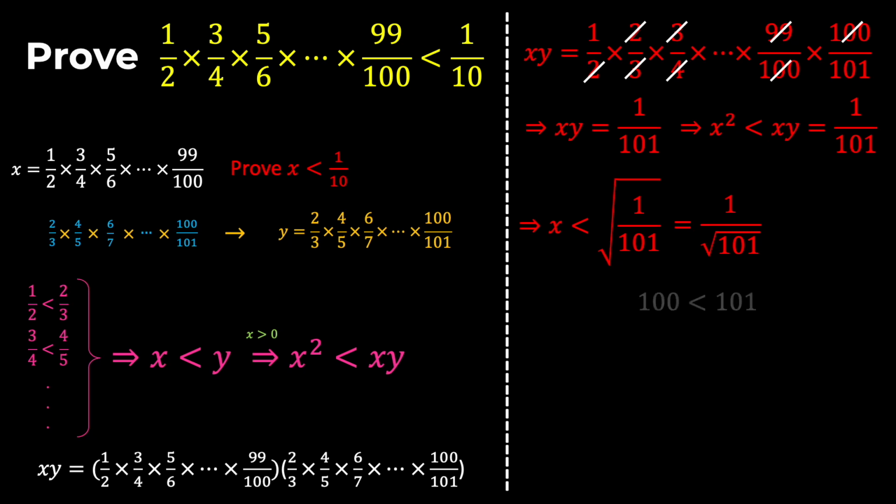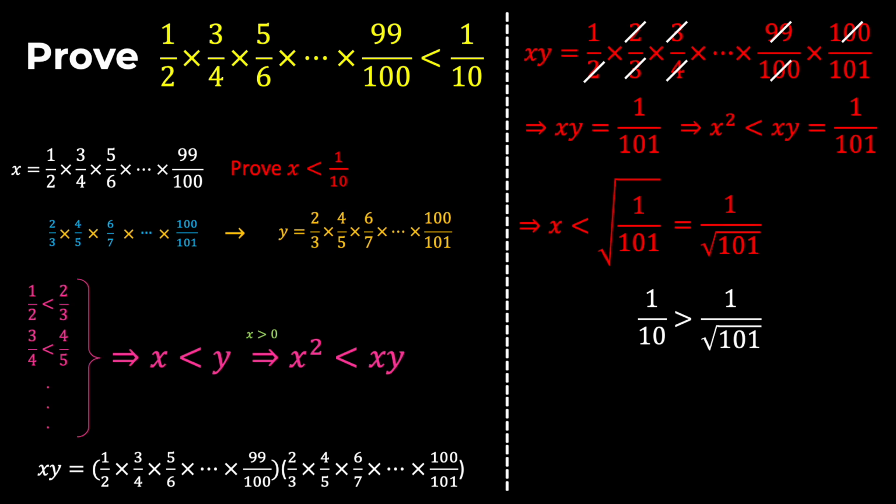Obviously, we know that 100 is less than 101. So if I take the square root, I will have root 100 is less than root 101. That means that 10 is less than square root of 101. Now, if I flip these two numbers, I will have 1 over 10 is greater than 1 over the square root of 101.